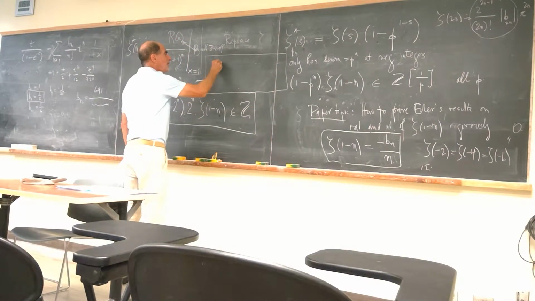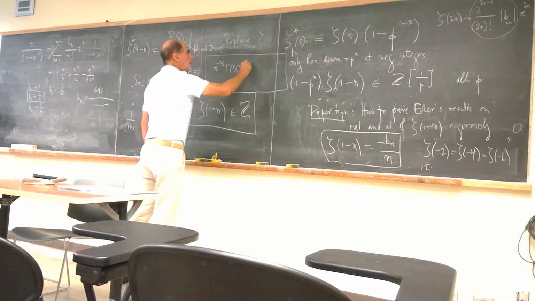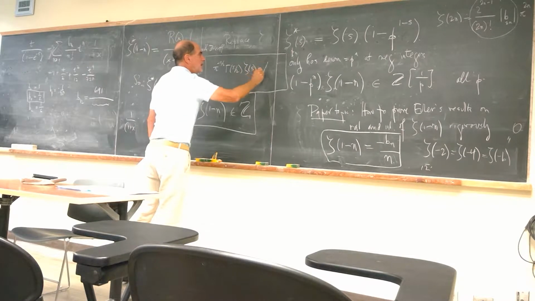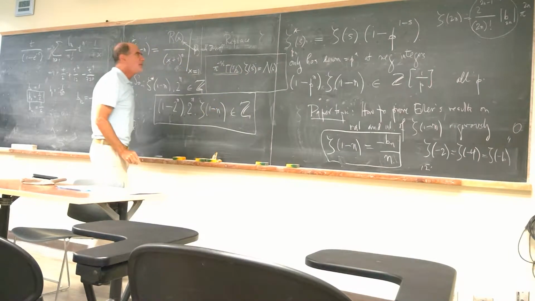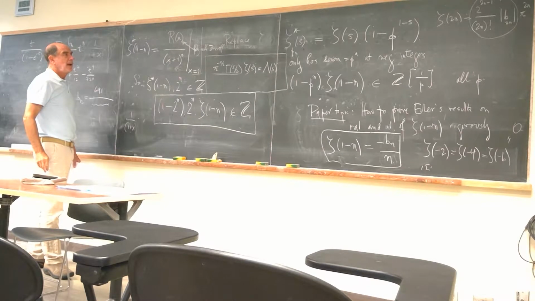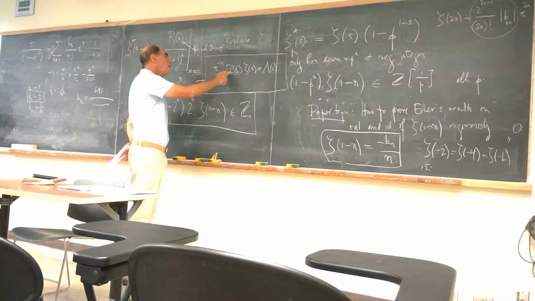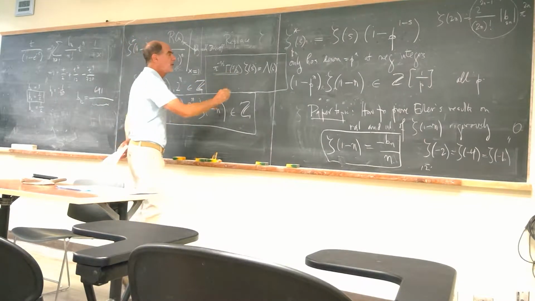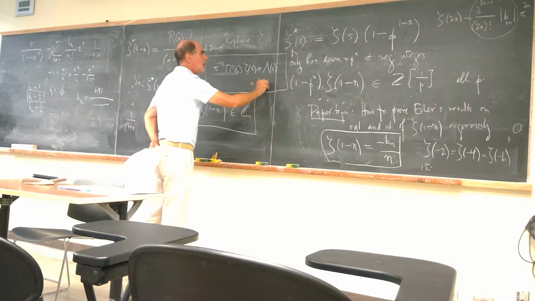If you replace the zeta function by this modification of it, and call that lambda of s, this is a function that is meromorphic and has poles only where the gamma function has poles, and gamma of s over 2 has a pole at s equals 0, s equals -2, s equals -4, etc. So this function turns out to be meromorphic, and it's equal to lambda of 1 minus s.